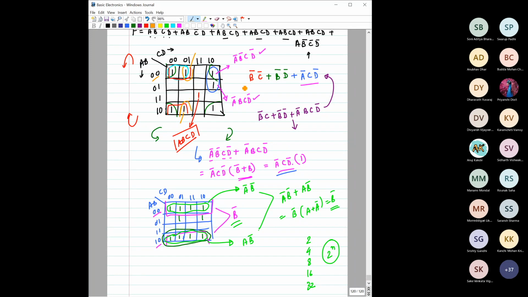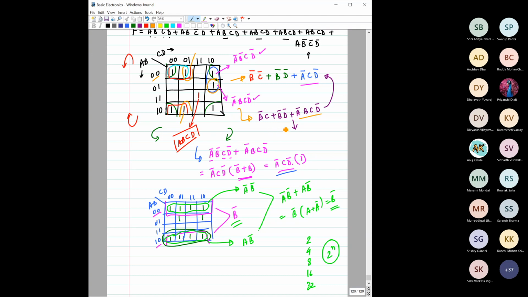But sir, all ones are considered, no? Yeah, all ones are considered. That is true. So here also I was showing you, right? See, this is the minimized expression. Even if you are writing it in this way, suppose you are considering this one separately, then this term will come here.